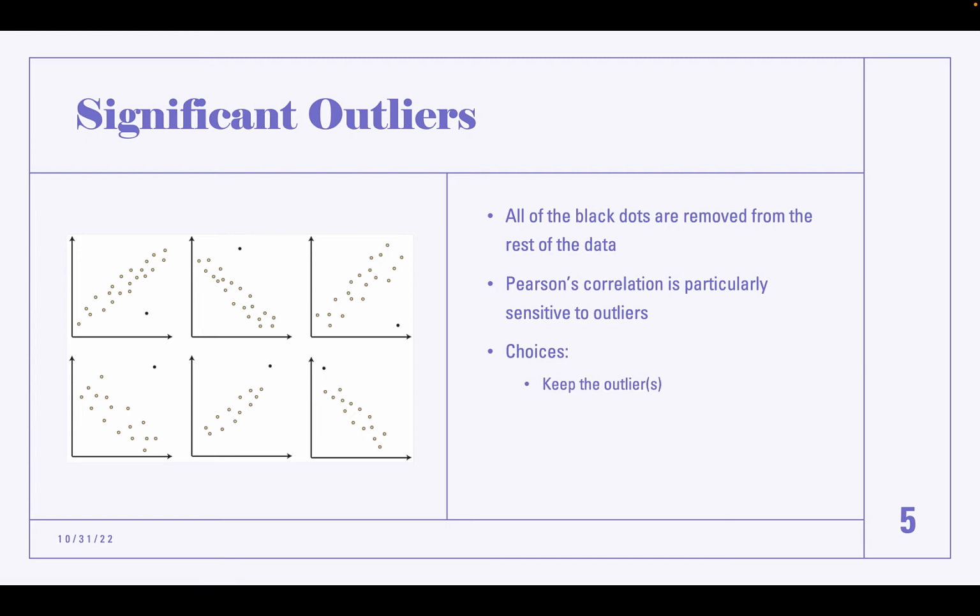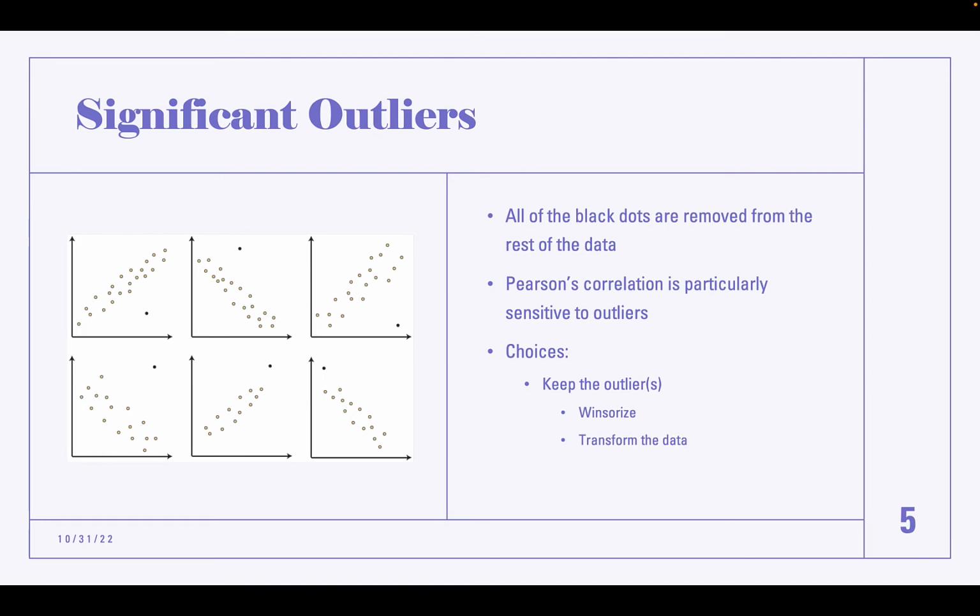One is we can keep the outlier or outliers, especially if we have a large data set. We can also Winsorize or transform the data. Winsorize, remember, it involves removing that outlier and replacing it with the maximum or minimum of the data set that exists once that outlier has been removed.